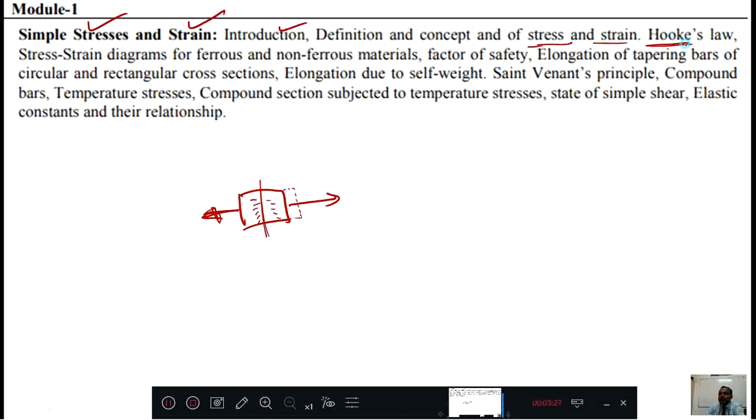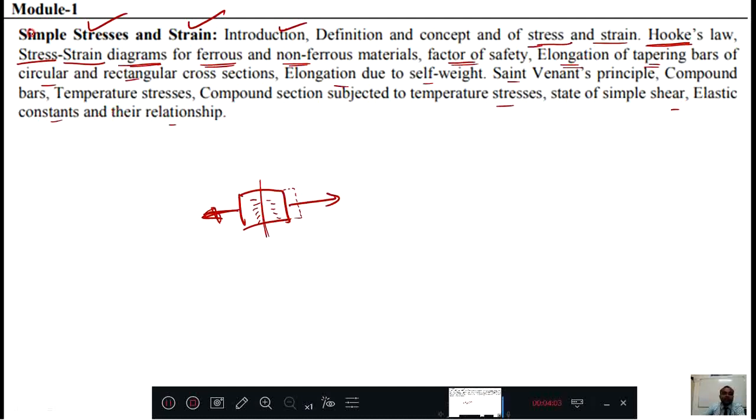There is one scientist whose name is Hooke, and he proposed one law that we will study, and the relation between stress and strain we will study through one diagram for ferrous and non-ferrous materials, and even factor of safety, the meaning of that, and elongation of tapered bars of circular cross section, rectangular cross section, elongation due to self-weight, Saint Venant's principle, compound bars, temperature stress, compound sections subjected to temperature stresses, simple shear stress, elastic constants and their relations.